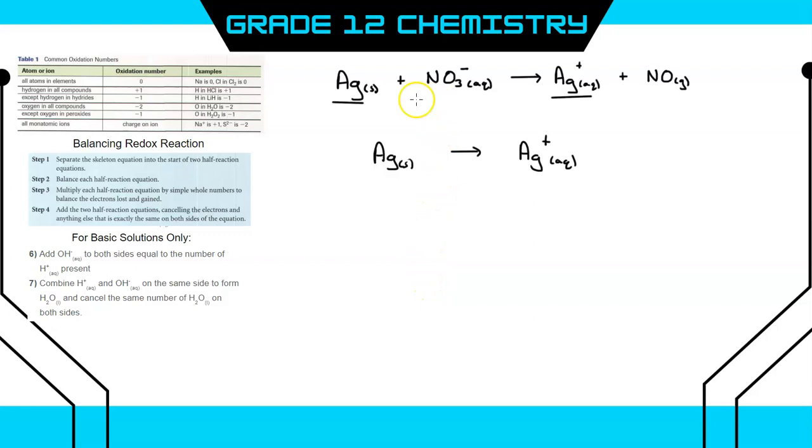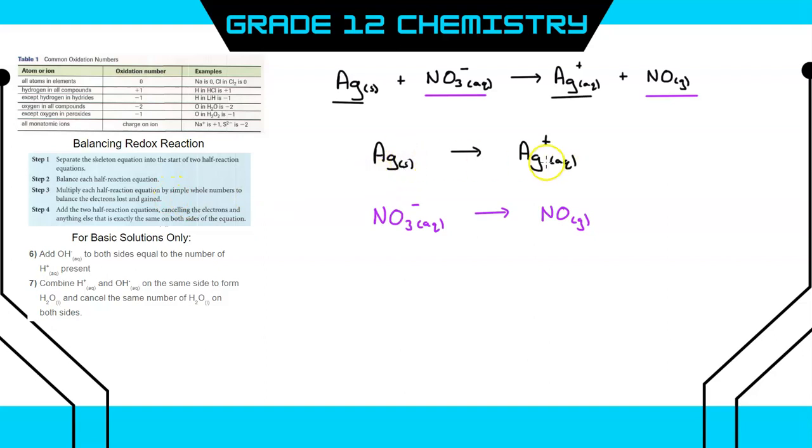Okay, and the next one is going to be with NO3 and NO. So we've got NO3 coming over to give us NO. Now these two equations look a lot simpler. So step 2 is to balance each half reaction.